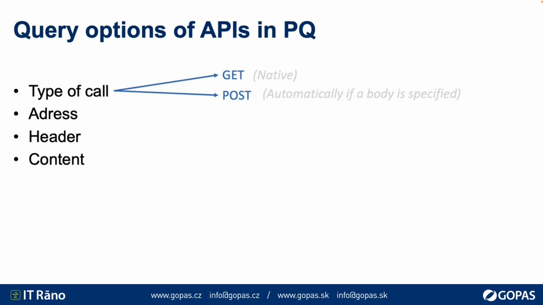And even if you are sending blank content, but you specify that, then Power Query will switch from a get to the post. So we don't have others like delete, patch, etc. But at least we have get and post types. And mostly it's all that we need, especially when we would like to get data.